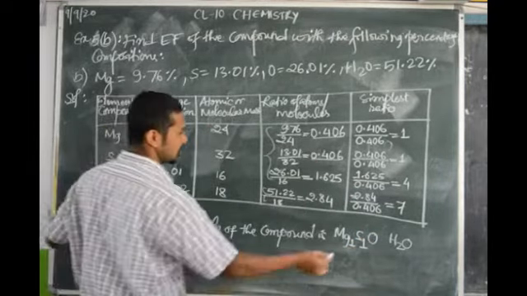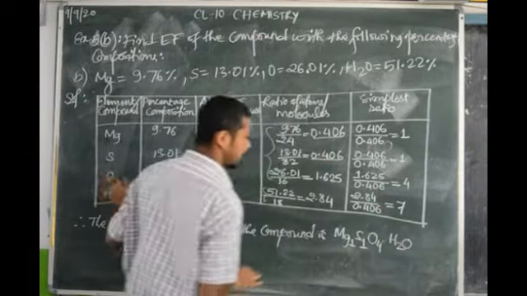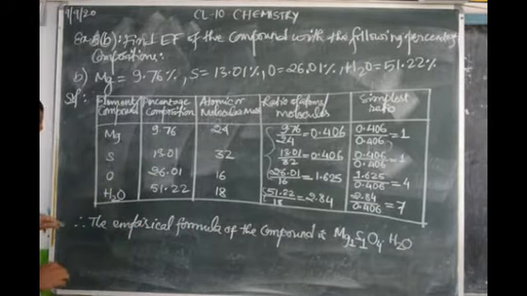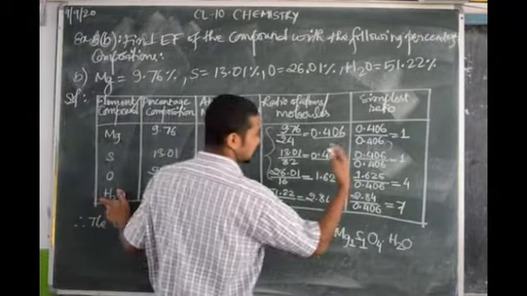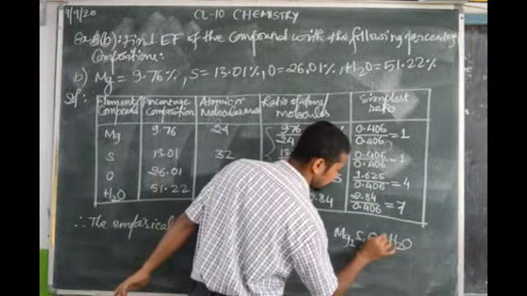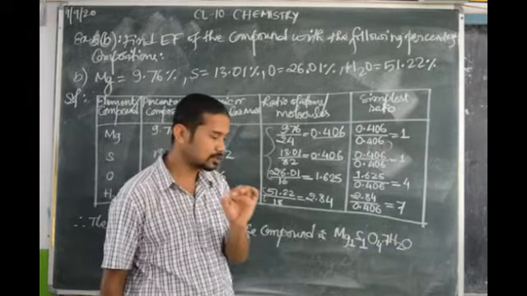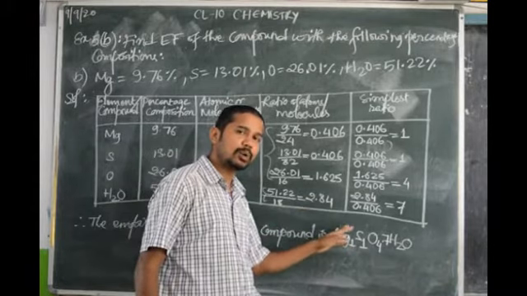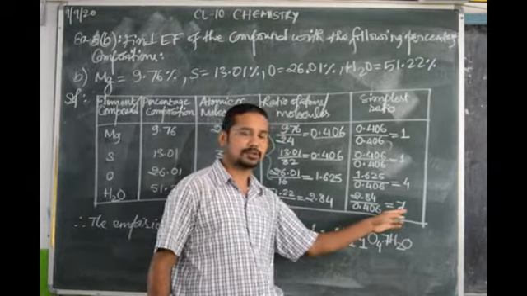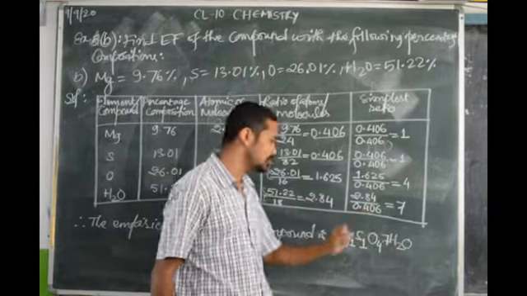For oxygen, 4. So right here 4. Dot. Whenever there is a water molecule, we write dot. Then the number of water molecules. What is the simple ratio for water? 7. We write it in front, because this is the number of molecules. For number of atoms, you write as the lower right subscript, but for molecules, you write in front of the molecule.